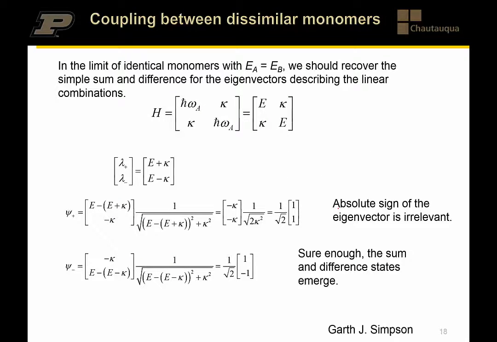So now let's consider the limiting case of the energy h bar omega A and the energy h bar omega B being equal, so that we have two isoenergetic states, in other words, in the limit of two identical monomers. How does this wash out?